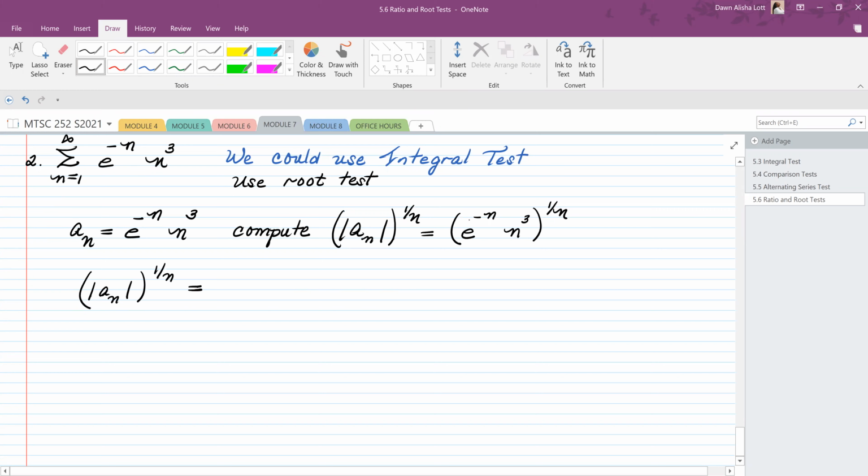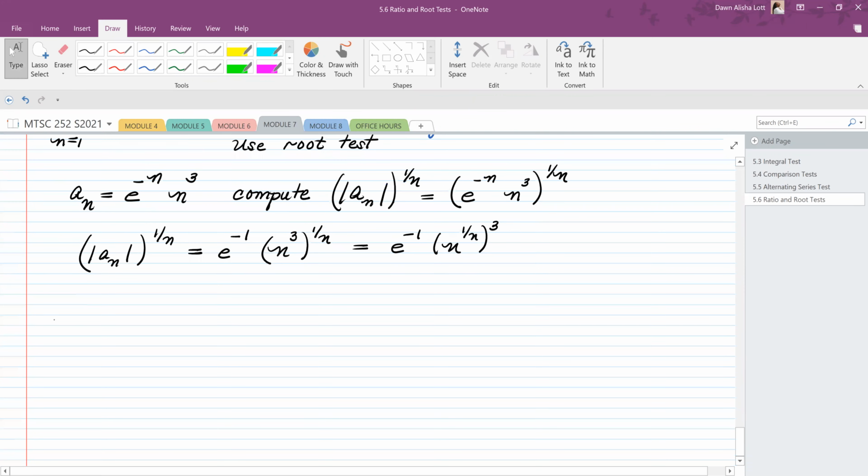Well, I get e to the minus n times 1 over n becomes e to the minus 1. And then I'm going to get n cubed to the 1 over n. Aha, now we're ready.